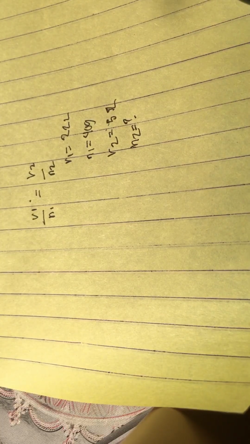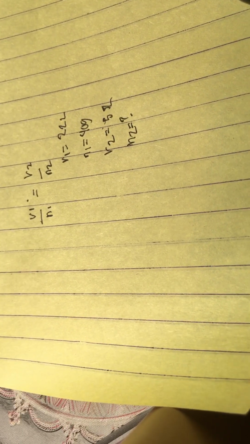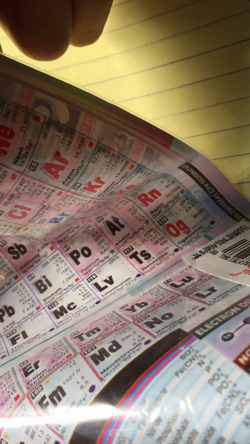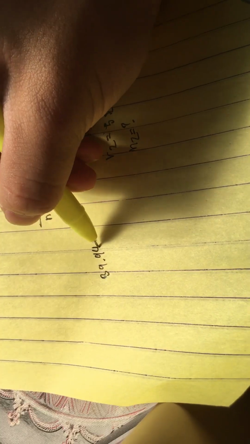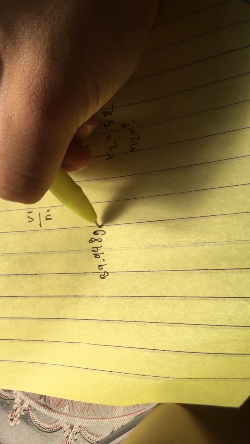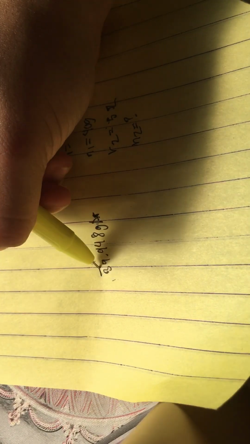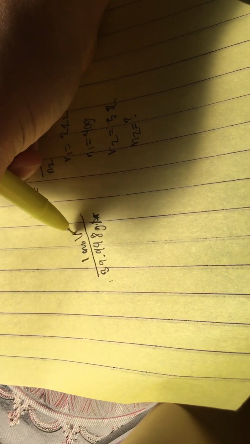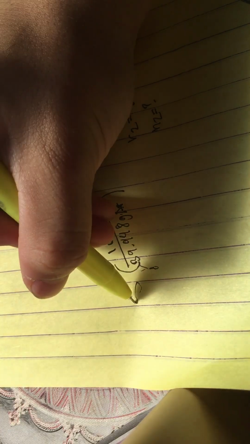So, let's first convert 40 grams into moles, where the molar mass of argon is roughly 39.948 grams for each mole. This is our molar mass, which we divide by the desired unit, 1 mole of Ar, times the given unit, which is 40 grams of Ar.